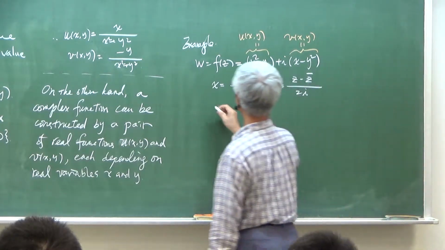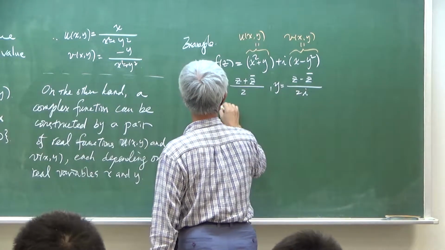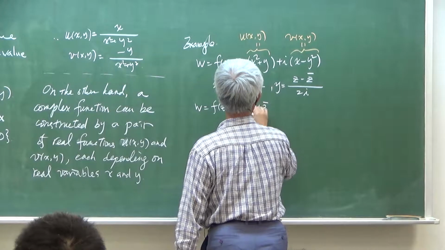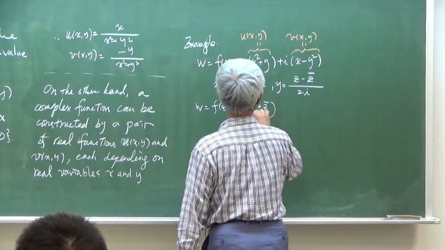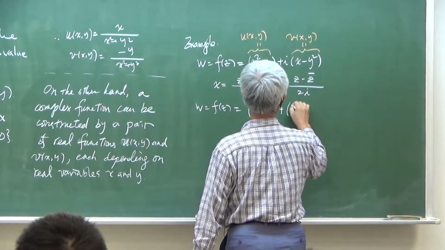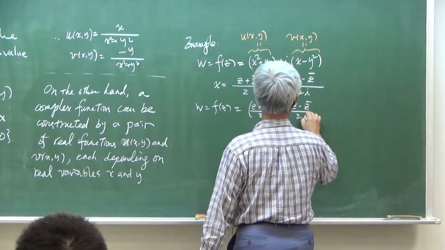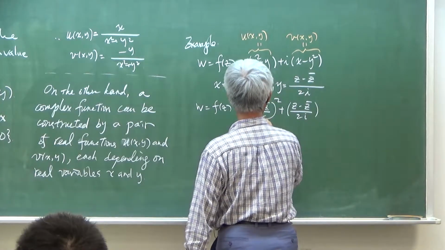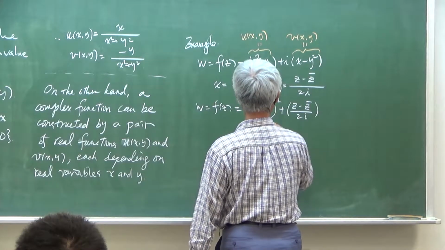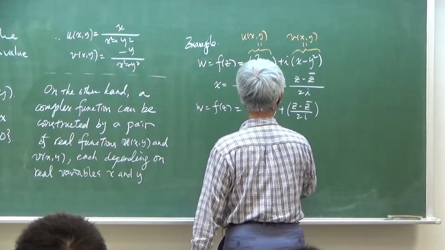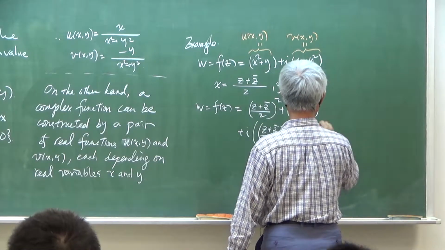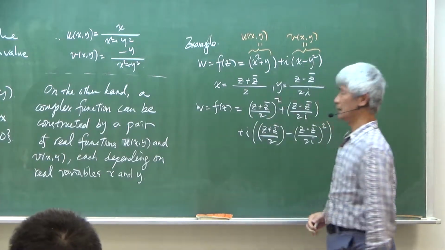So f of z becomes the expression in z and z bar: z plus z bar over 2, squared, plus z minus z bar over 2i, plus i times z plus z bar over 2 minus z minus z bar over 2i, squared.